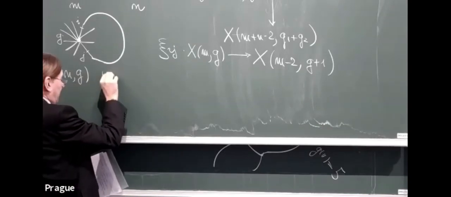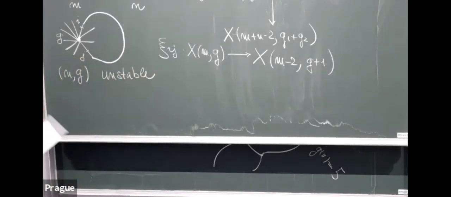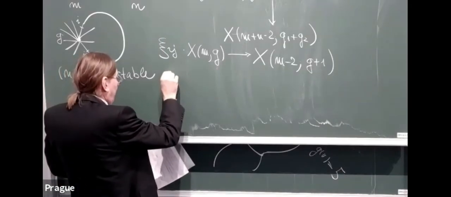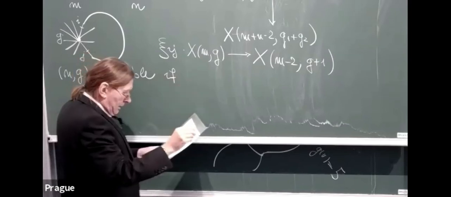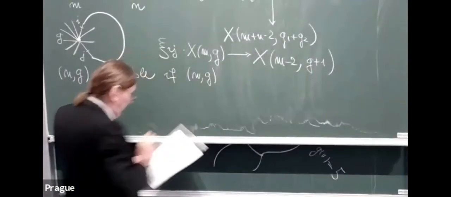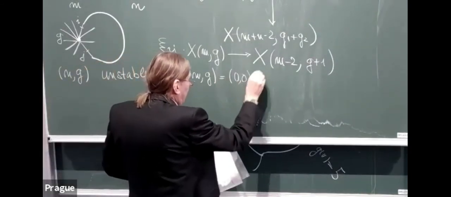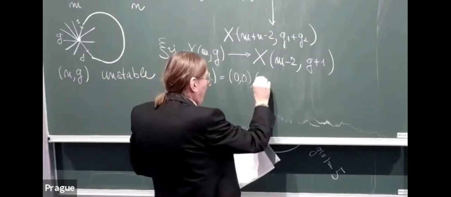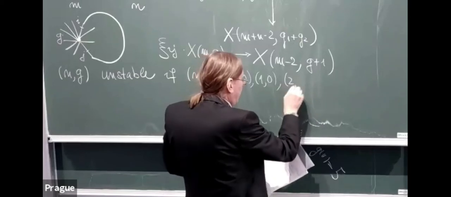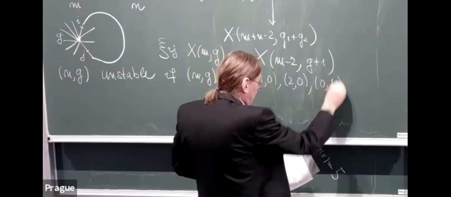So I take this negativistic definition. It's not stable, it's unstable, if (n, g) is either (0, 0), or (1, 0), or (2, 0), or (0, 1).